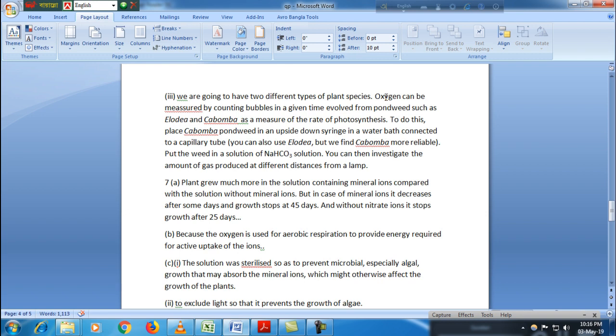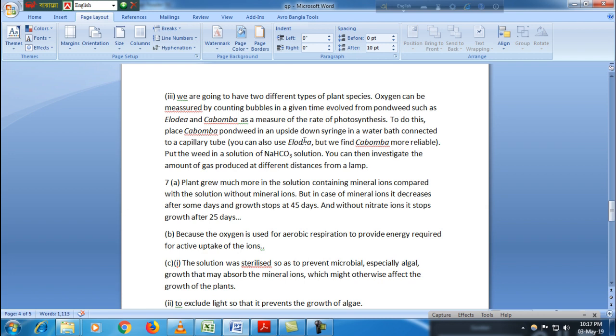So oxygen will come out as bubbles, so we can count the number. To do this, place Cabomba pondweed in an upside down syringe in a water bath connected to a capillary tube.